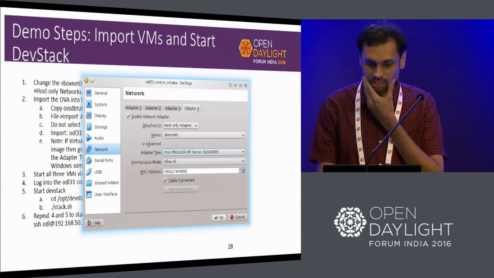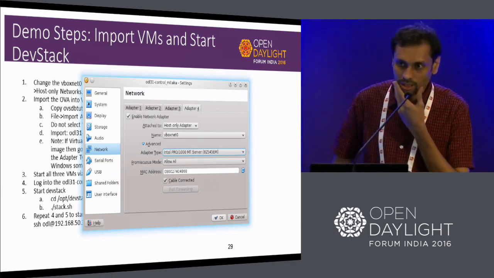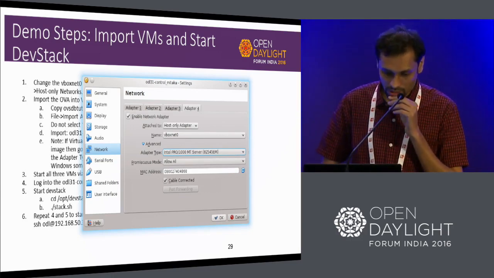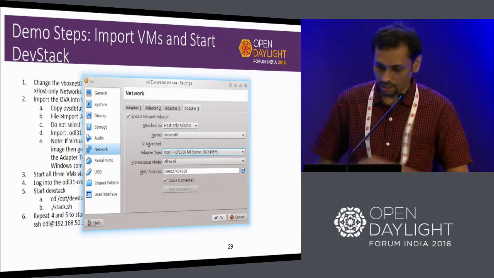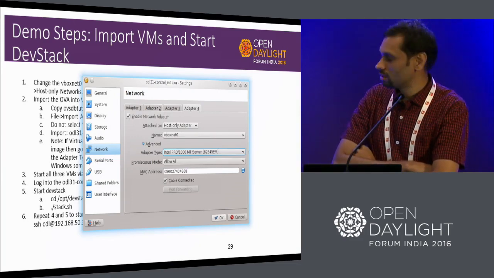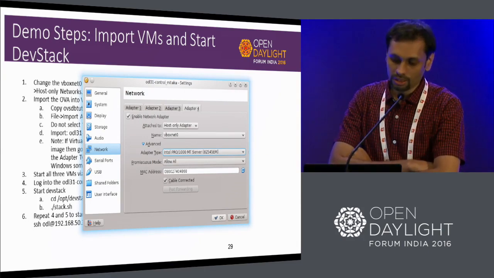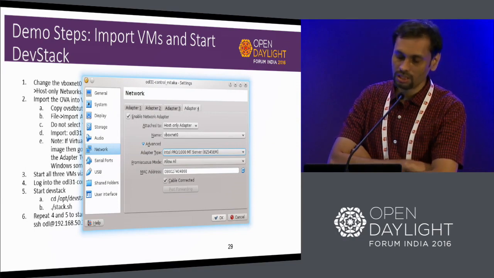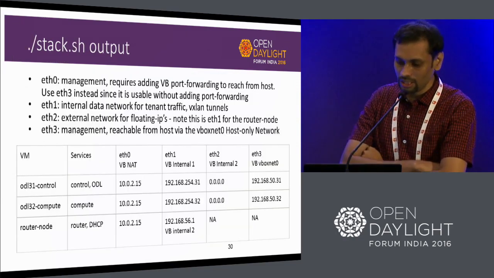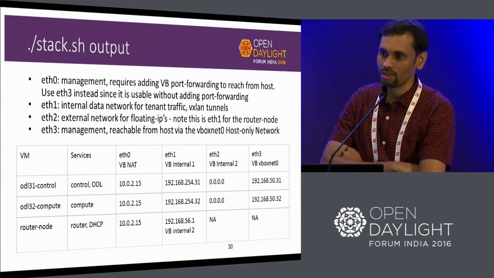Go back to the slides. This talks about the adapter change. I don't know whether you had a chance to go through your ifconfig on the started nodes. On the ODL31 control node, ETH0 is left for NATing. ETH1 is your data network, which is in the 254.x network.